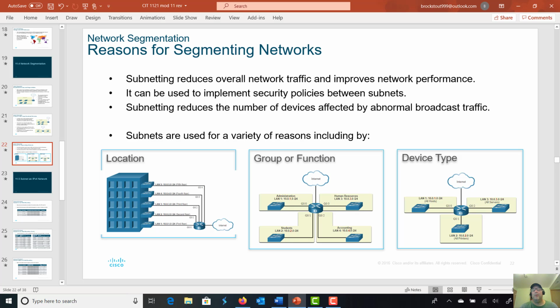The next slide, they talk about, well, there's other reasons that we might want to segment things out. Sometimes it's reasons for security or for function. So, for instance, at the college, we have a public internet that everyone can use to gain access, but that doesn't have direct access to, say, where the grading system is at.